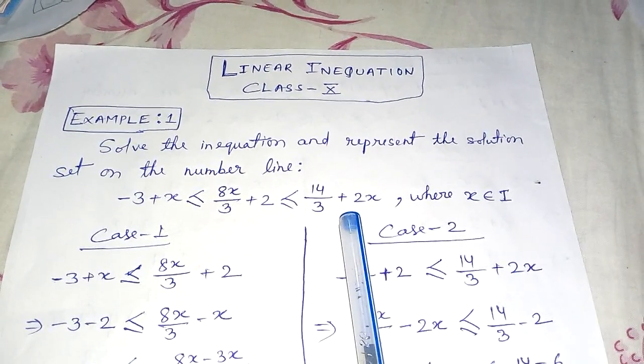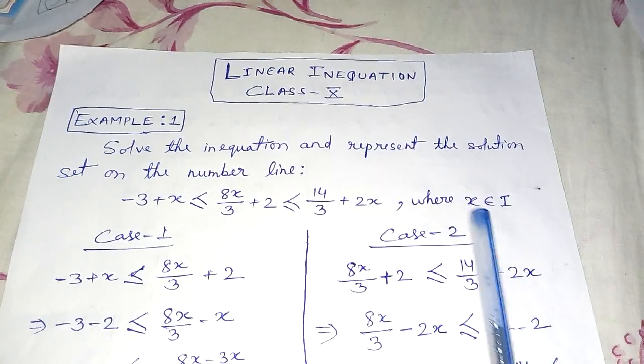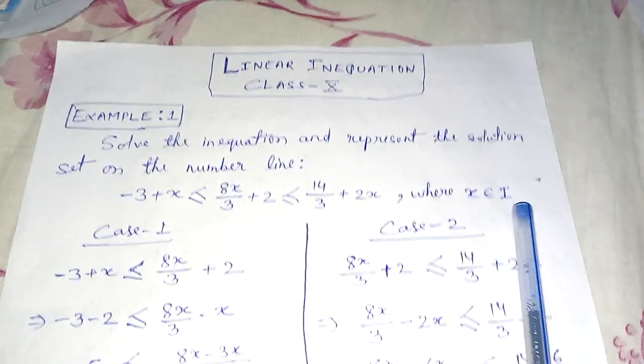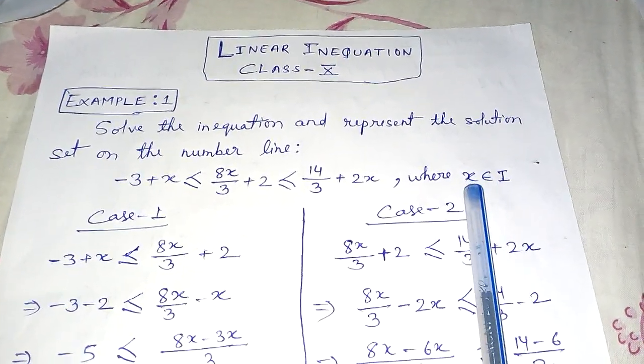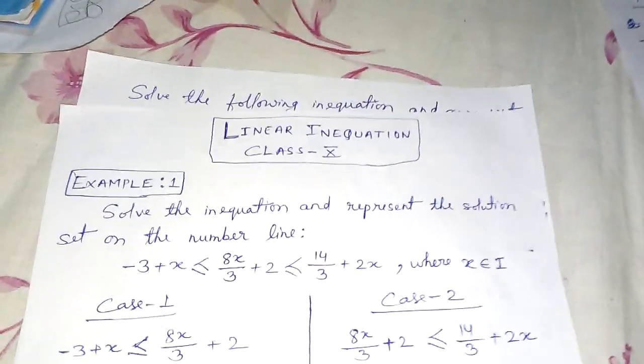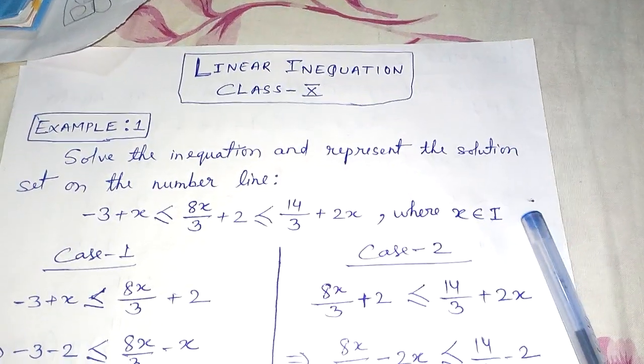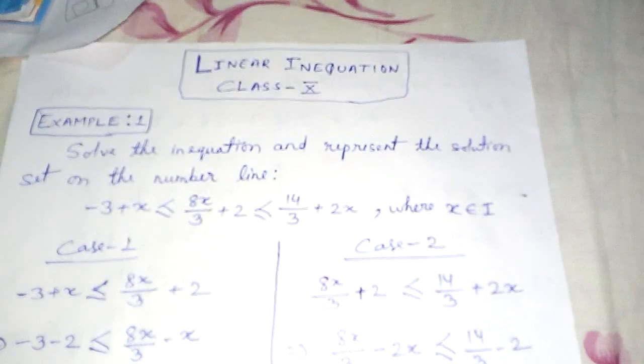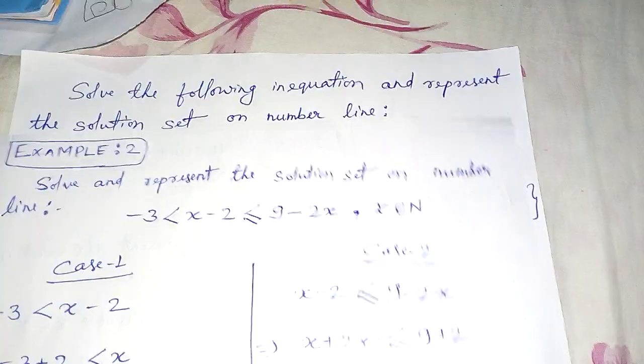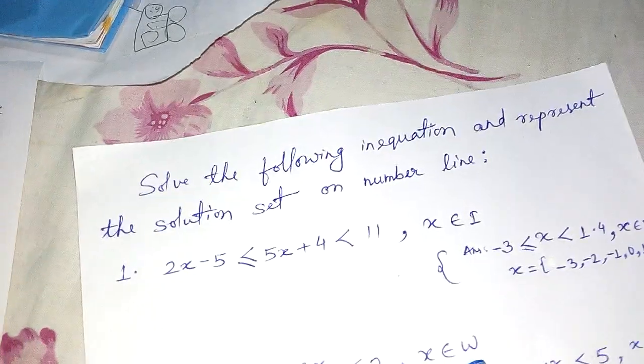In the last video you could see where x belonged to R, meaning real numbers, but today x belongs to I. You will find x belongs to N, and you may also find x belongs to W. Here I means integer, N means natural number, and W means whole number.